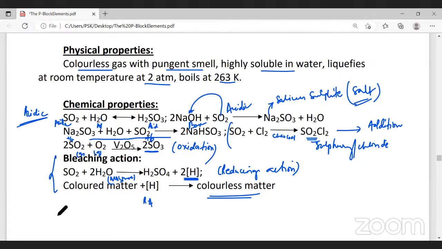So this property is called bleaching action, or reducing property. I hope you follow this. This bleaching action is because of the reducing nature, because it gives nascent hydrogen. It is not because of oxidation. Please remember, it is because of reducing action. Now, what is the structure of sulfur dioxide? The structure of sulfur dioxide is angular.